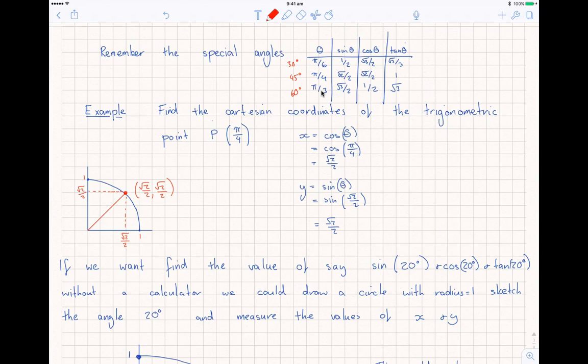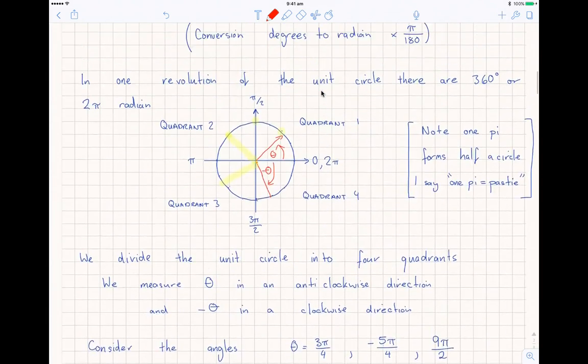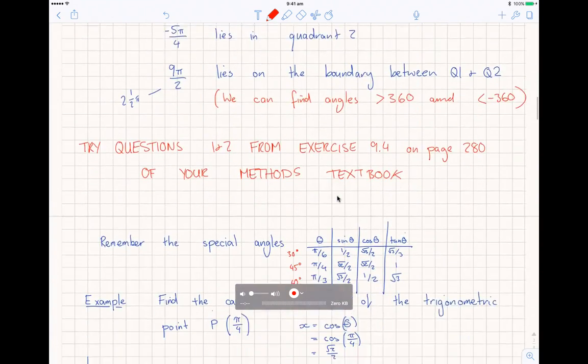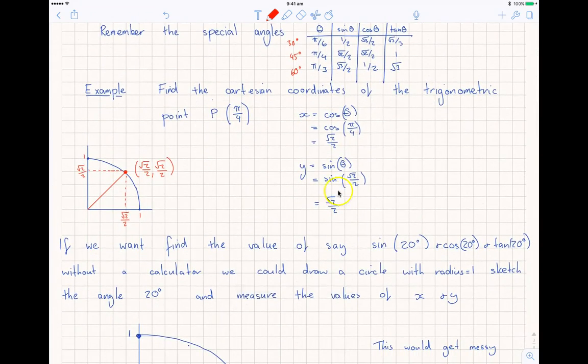So for example, if we're finding the Cartesian coordinates of a trigonometric point P at pi on 4. We've just made the statement that sine of theta is y and cos of theta is x. So if we want to find the Cartesian coordinates of this trigonometric point, it's pi on 4, so we go pi on 4 or 45 degrees to there.